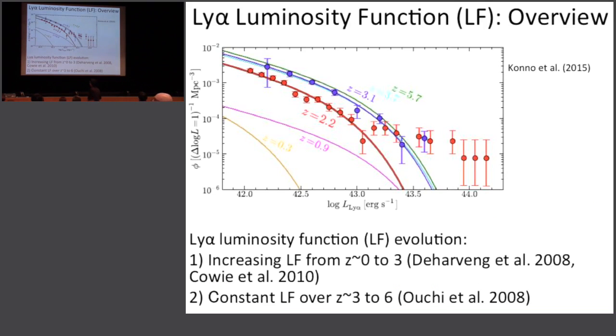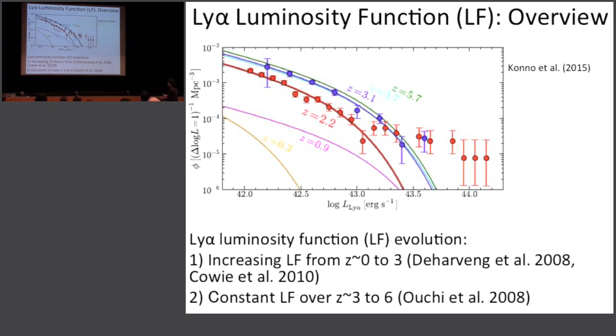So let's look at the luminosity functions that they derived at redshift near 0. This yellow one is the GALEX result, the luminosity function, the number density as a function of Lyman-alpha luminosity. It compares the results at redshift 0.9, 2, and 3 up to redshift 5.7.